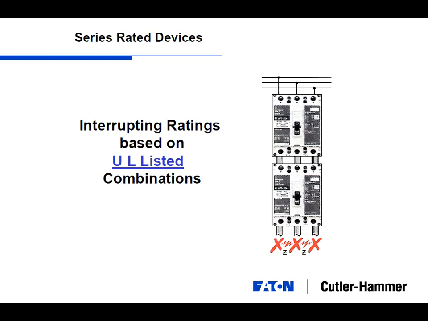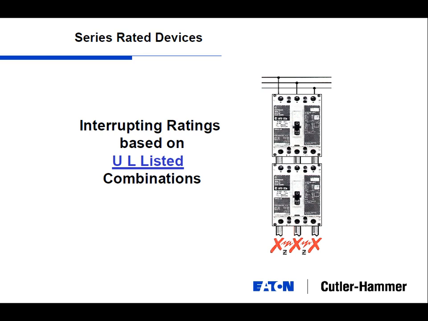There's one trade-off as far as coordination. When I say coordination, I'm talking about tripping. Which trips faster? You've got a main breaker and a feeder breaker. The three methods of coordination are, first, series rated, where I can't tell you which one is going to trip, just that one of them is going to trip.